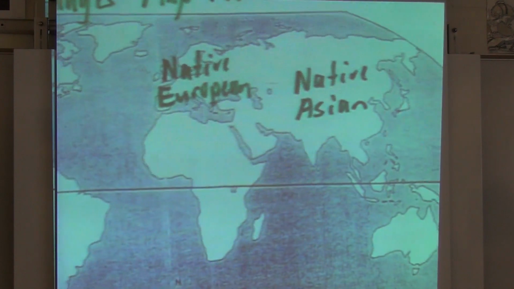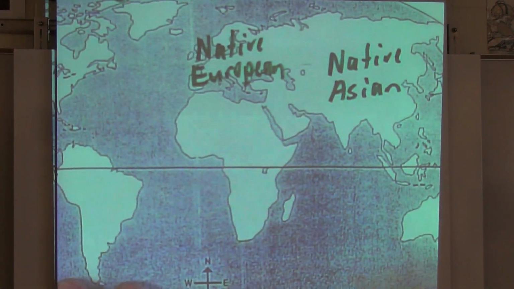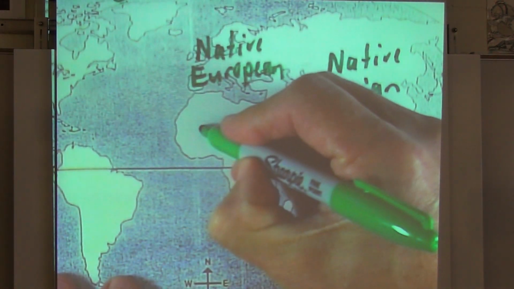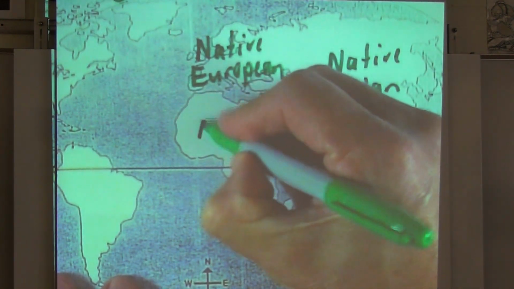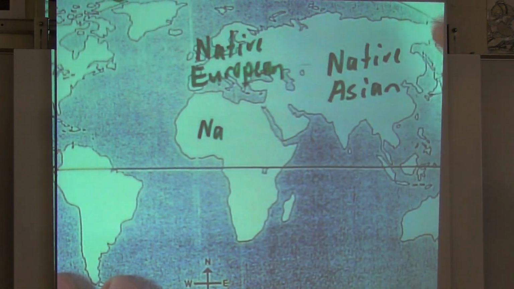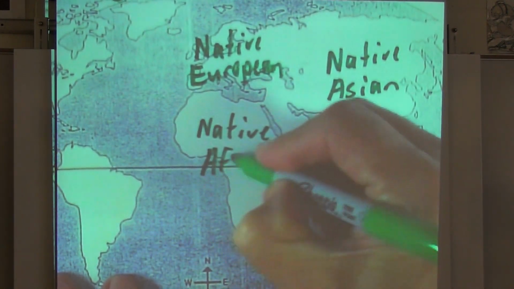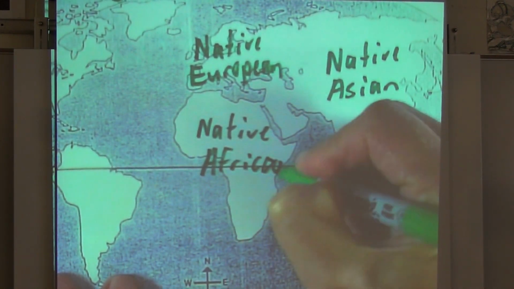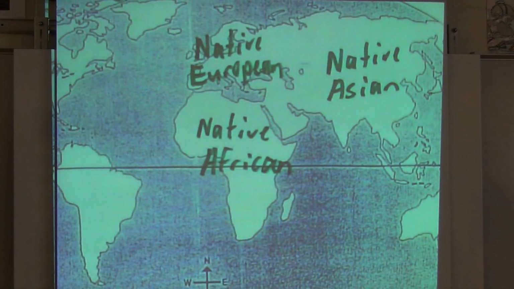Likewise, if you go down to this big, huge continent here, same thing. Probably the most famous one of all is Swahili. That's widely spoken, but there were certainly numerous different tribes all across Africa, each with their unique dialects.